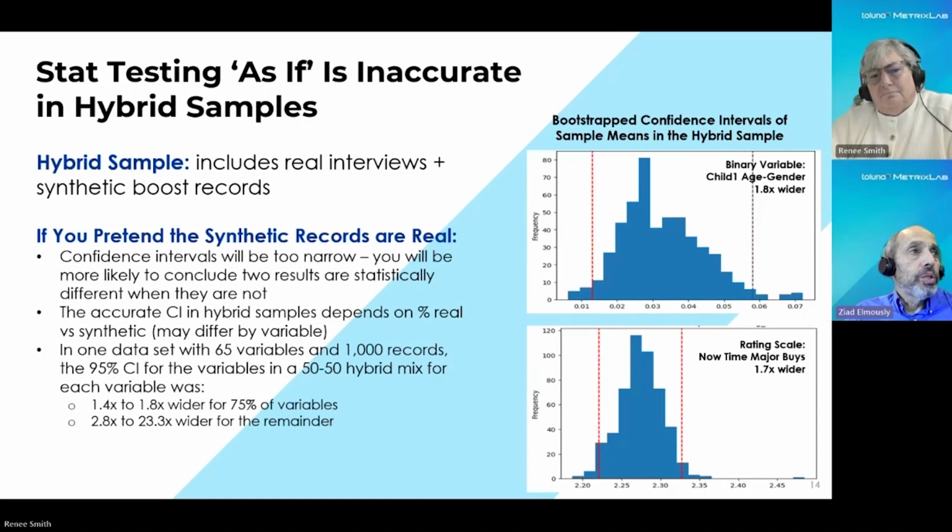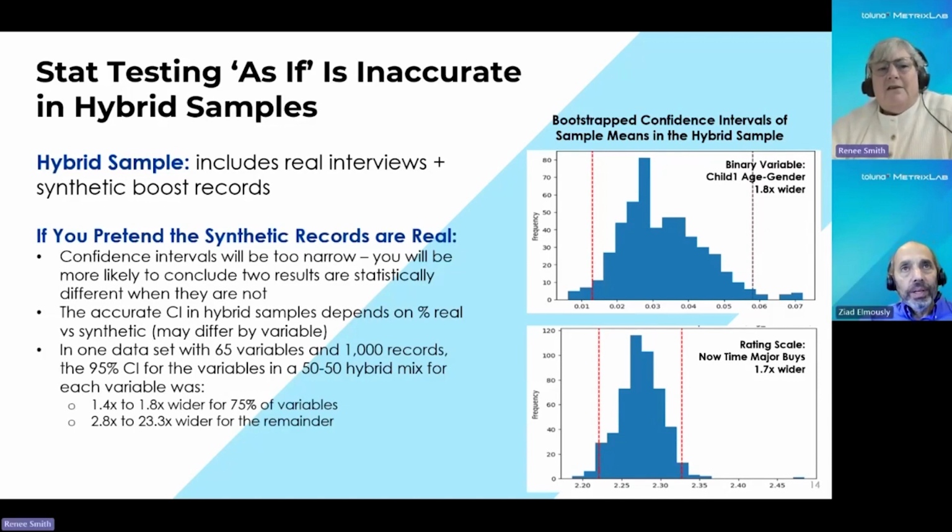And we observed that by and large, so in 75% of the variables, the confidence intervals are 1.4 to 8 times wider than they would be otherwise, and 3 times to 23 times wider for the other 25% of variables. So the conclusion is use simulation-based methods when you report confidence intervals for hybrid data sets.